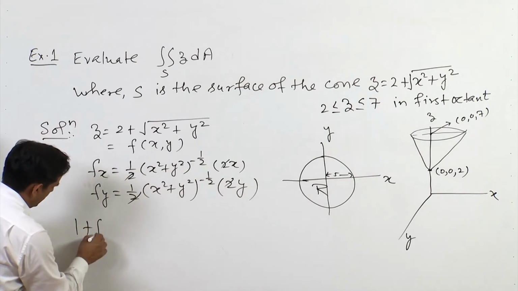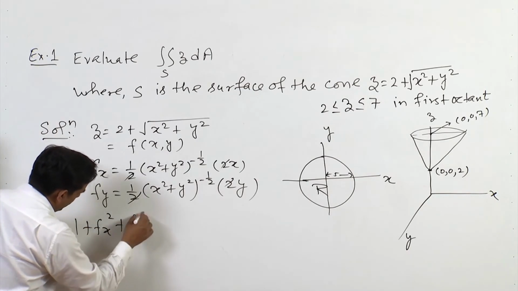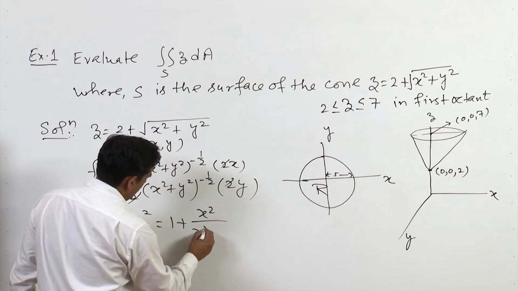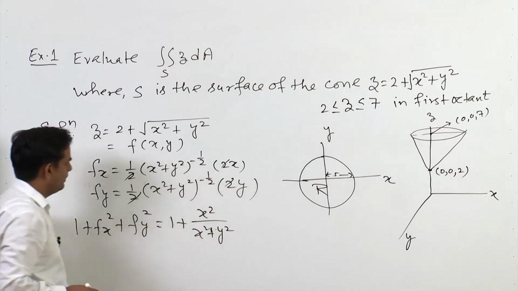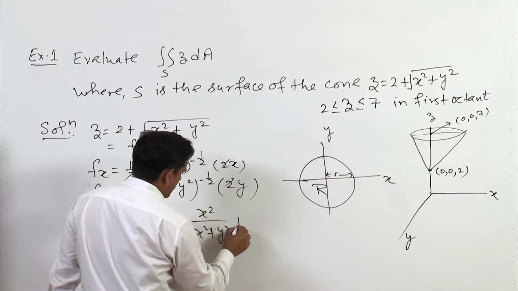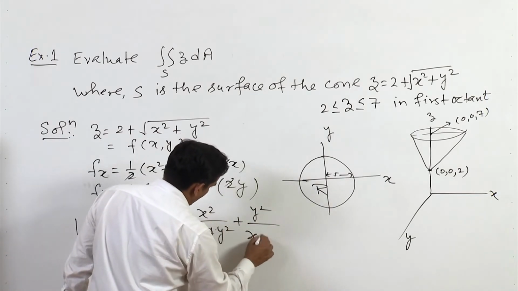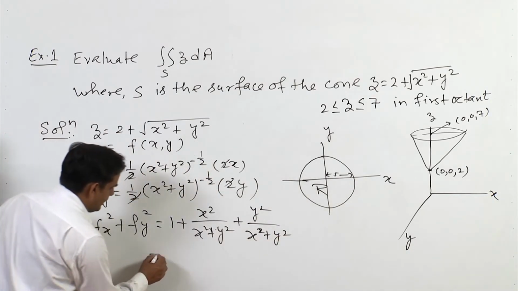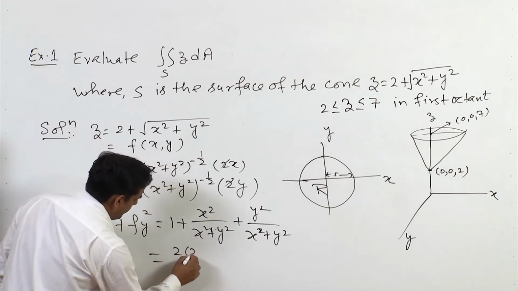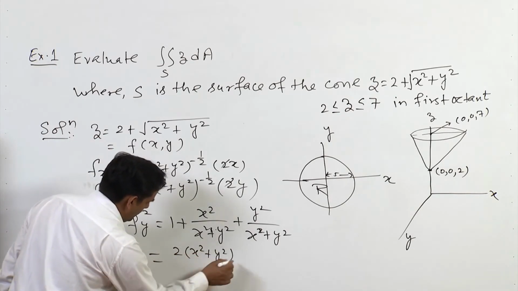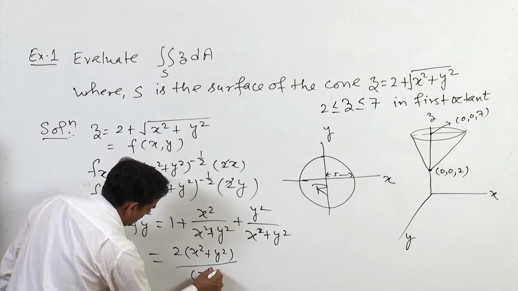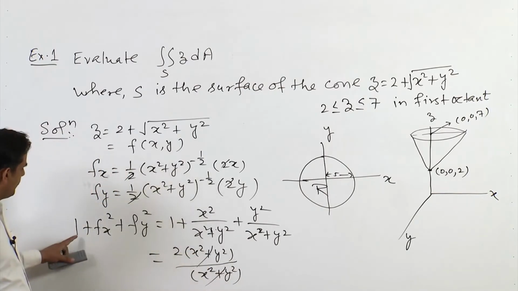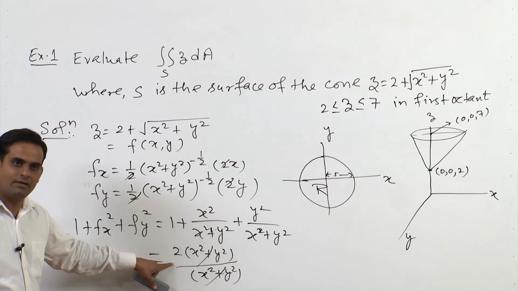So, 1 plus fx square plus fy square will become 1 plus x square upon x square plus y square, and then plus y square upon x square plus y square. So, this comes out to be twice of x square plus y square upon x square plus y square. So, this cancels out. So, 1 plus fx square plus fy square equals 2.